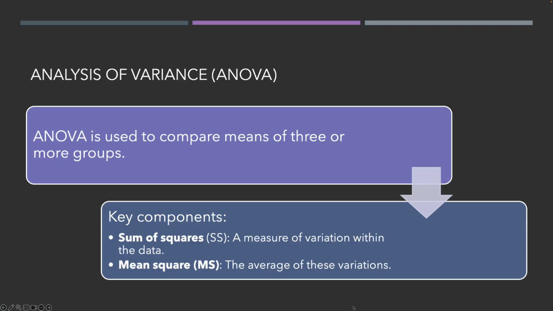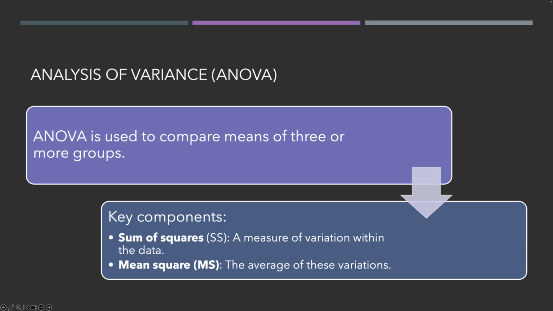So ANOVAs are used to compare the means of 3 or more groups. The key components are the sum of squares that you might see in your papers, which is a measurement of variation within the data, and then the mean square, which is the average of these variations. And of course, I'm going to give you examples of this.